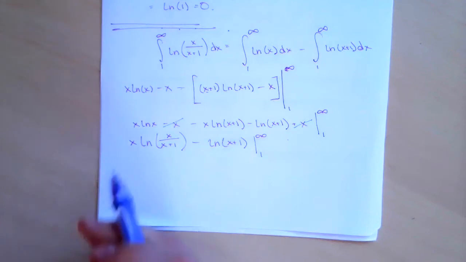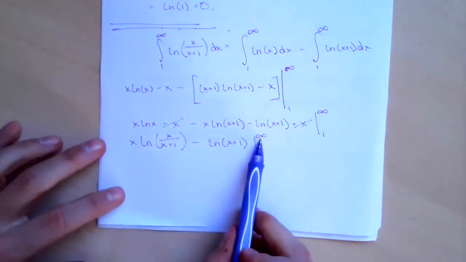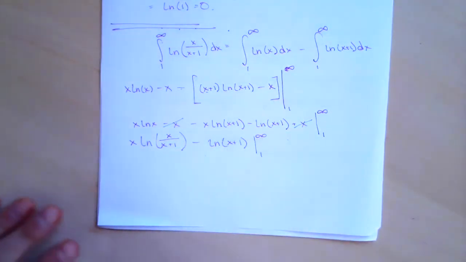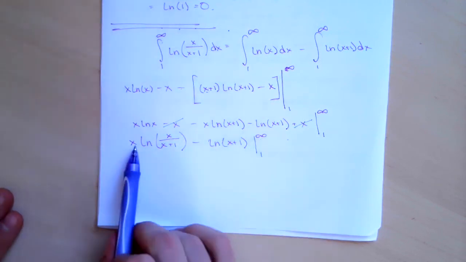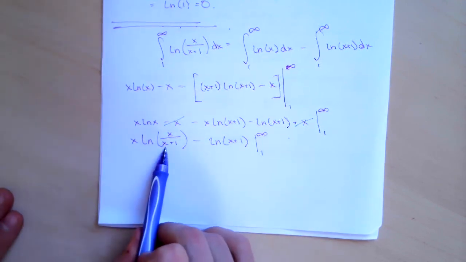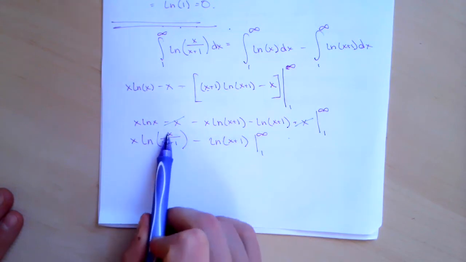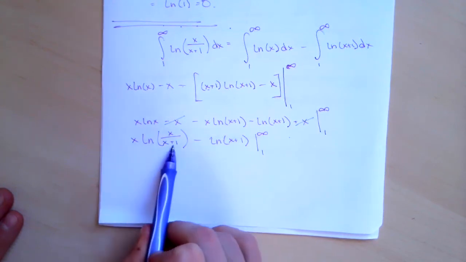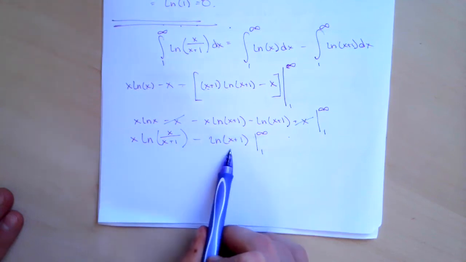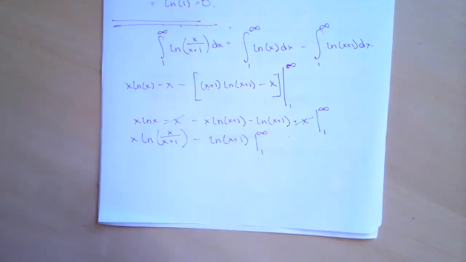So the 1 doesn't matter, it'll give us a number. We really need to figure out, will this give us a finite number as we get to infinity? And what's the problem we are running into if I plug in infinity? I get infinity times 0. Natural log of 1 is what that's going to go to. So infinity times 0 minus infinity, another indeterminate form.